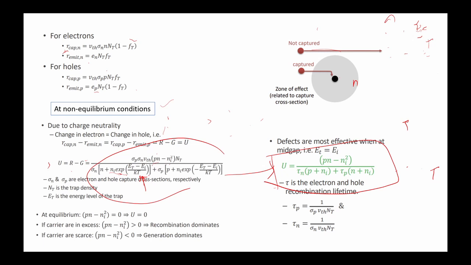As we have already discussed, when Et comes closer to Ei, there will be more capture of electrons and holes from the conduction and valence band into the trap states. And this tau is the recombination lifetime, which is given by these two formulas.